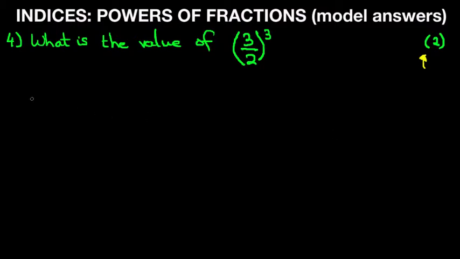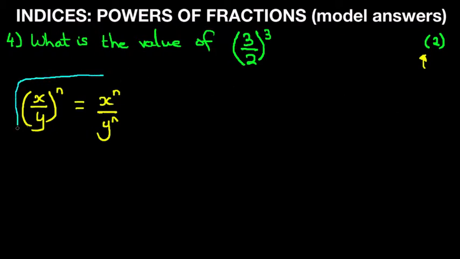And we begin by writing out the formula again. So if we have x over y to the power of n, that equals x to the power of n over y to the power of n. I'm just going to put a circle around this, or a ring around this.